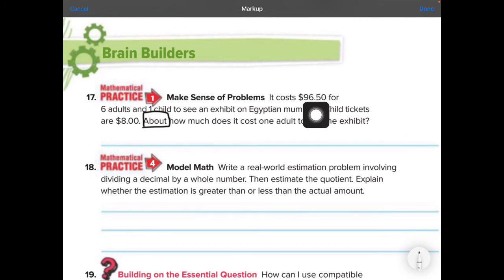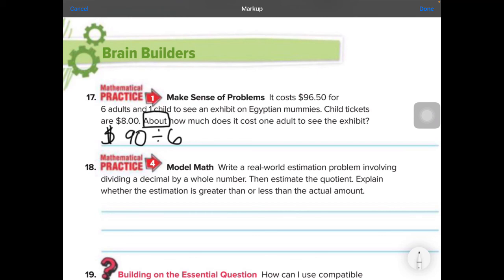So naturally, we'd want to just take $8 from the $96.50. But if we do that, it won't give us a very compatible answer. So what the book did is they said it will be about $90 because this is something they want us to figure out in our head, and then divided by the 6 adults. So they didn't take the full $8 away from it.